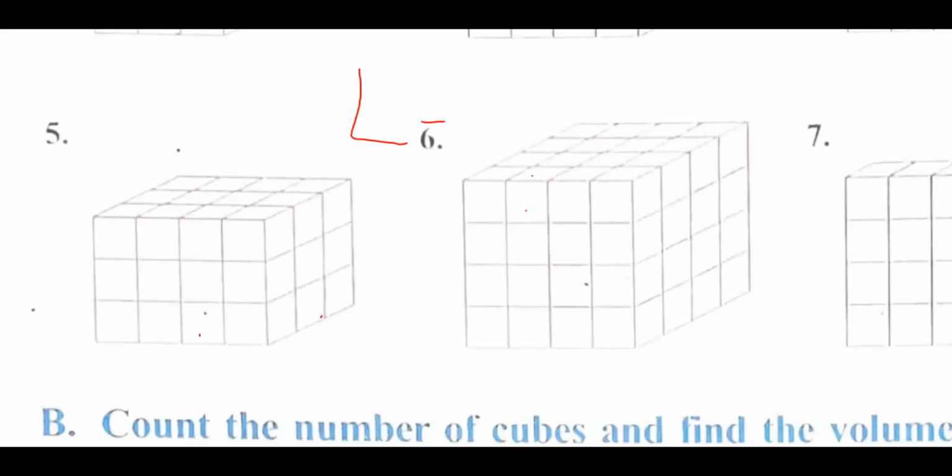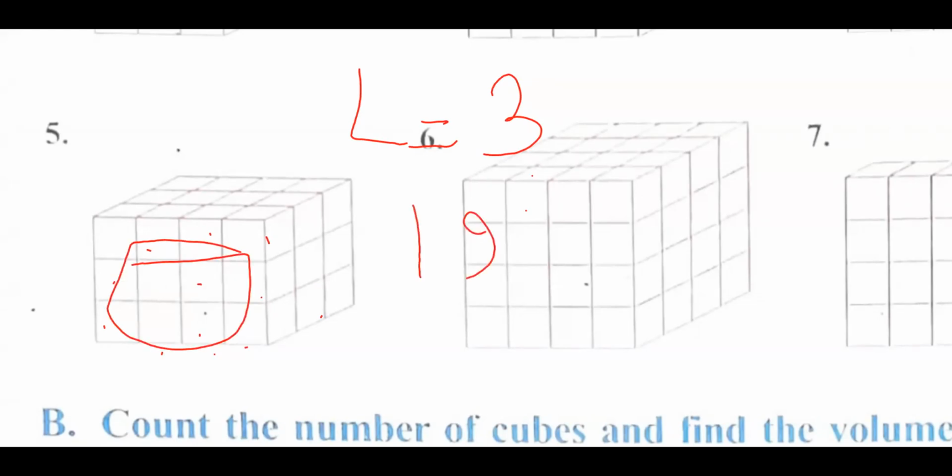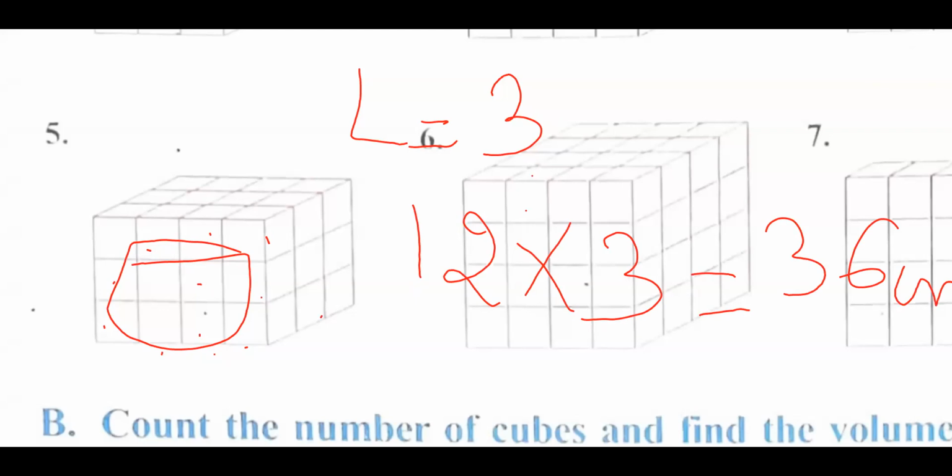Let us count in one layer: 1, 2, 3, 4, 5, 6, 7, 8, 9, 10, 11, 12. So there are 12 cubes in one layer. How many layers are there? 3. 12 threes are 36. 36 centimeter cube will be the answer.